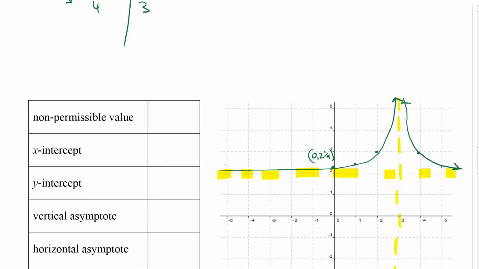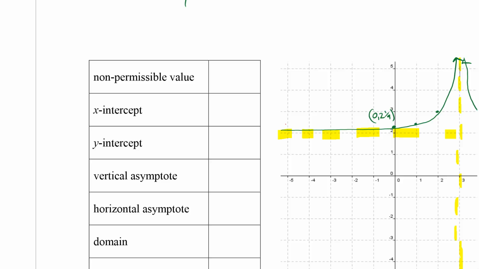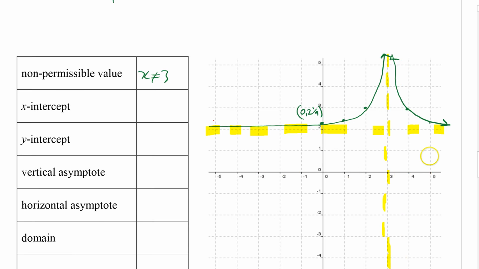Okay, so filling in these values, my non-permissible value, x cannot be equal to 3. My x-intercept, it doesn't cross the x-axis anywhere, does it? So I'll say none. My y-intercept, I figured it out, was at 2 and a 9th. My vertical asymptote is at x equals 3. My horizontal asymptote is at y is equal to 2.